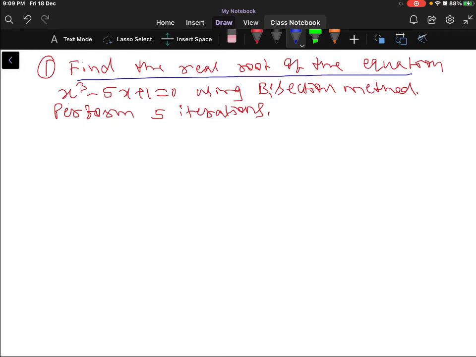Moving to the problem. Find the real root of the equation x cube minus 5 plus 1 equal to 0 using the bisection method, perform 5 iterations. So the given equation is a polynomial equation, so you can think of an analytical method.